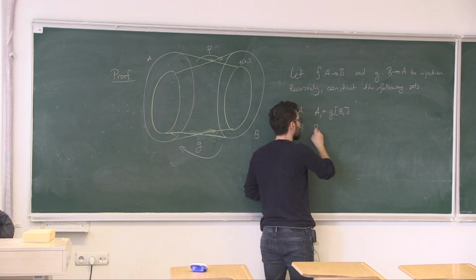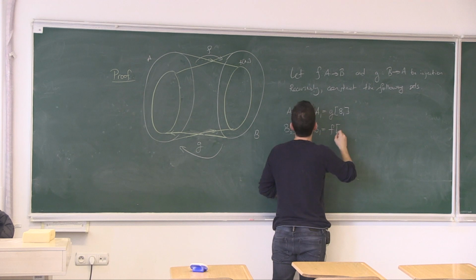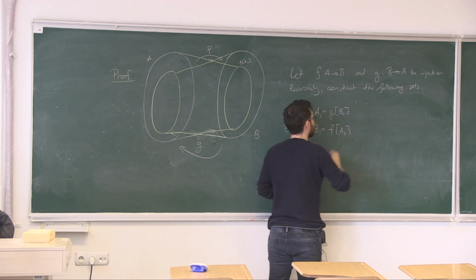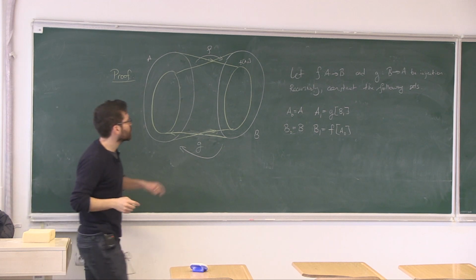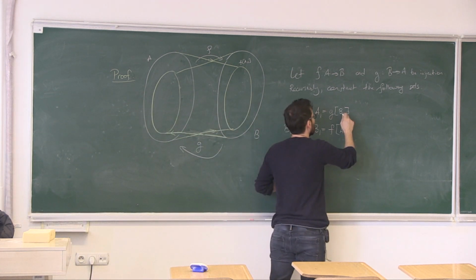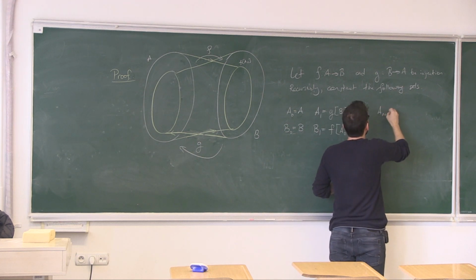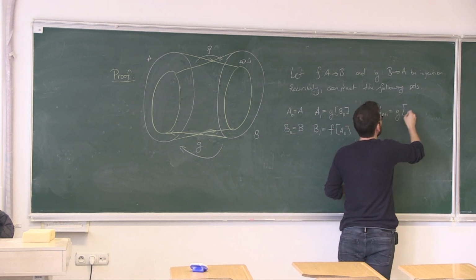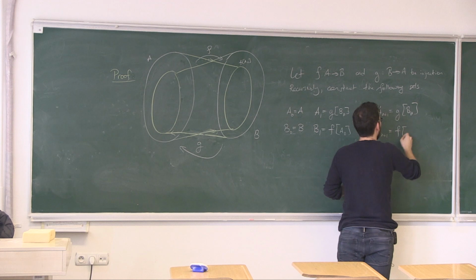B1 is F of A0. Now, this is supposed to be B0 as well. Yes, this is. In general, let me write down the general formula. This is supposed to be Bn. Bn plus 1 is supposed to be F of An.